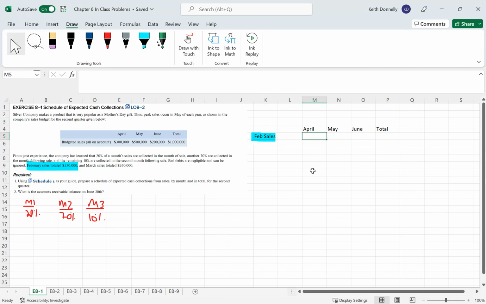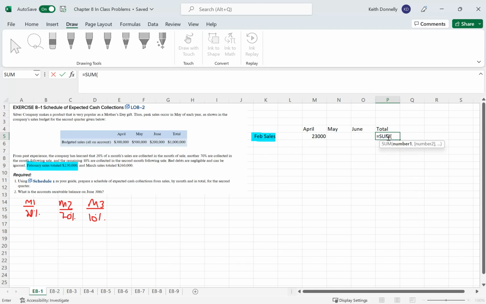So that means in this case, in February, that was month 1, month 2 is March, so April is month 3. So $230,000 times 10%, we would collect then.